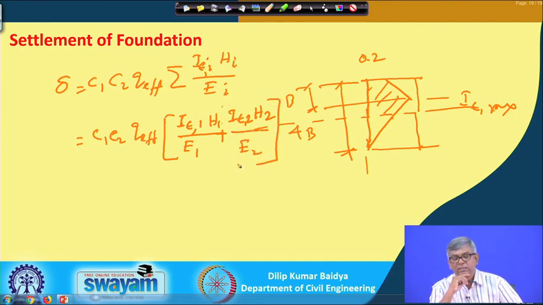I can write the equation in this form. So, when it is two layers, I can write the equation like this, removing the summation.